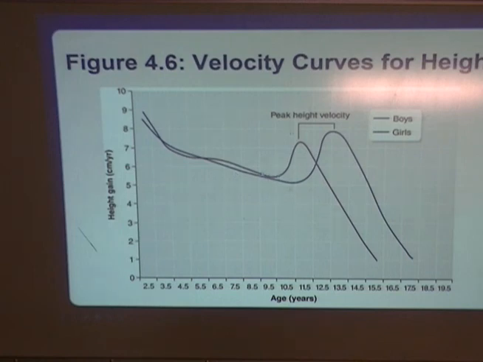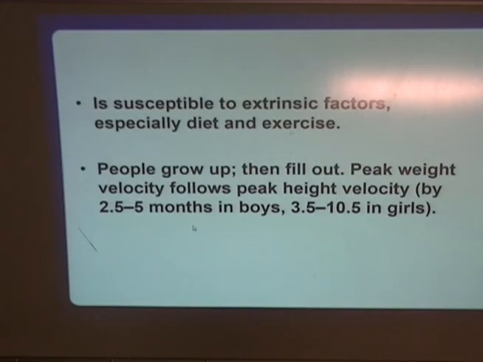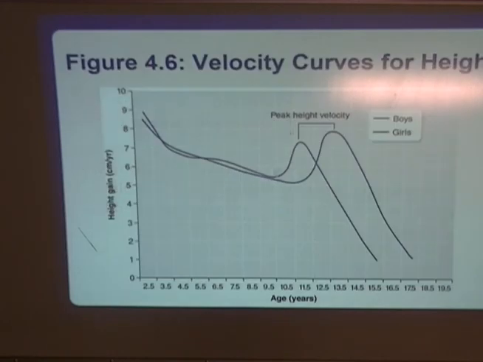So when we look at a change from a flat or a slight down to a sudden up, that's the beginning of the growth spurt. Okay? Here's the girl's peak height velocity. So about a year from here, she's going to start menstruating.